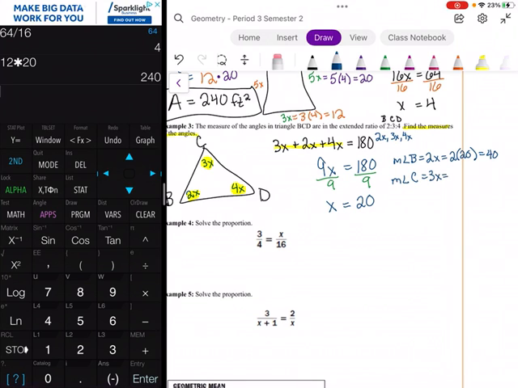So we're going to set that up by 3 times 20, which would be 60. And the measure of angle D equals 4x, which is 4 times 20, and that will equal 80. Don't forget your degrees when you are labeling these, and then that will be our final answer.